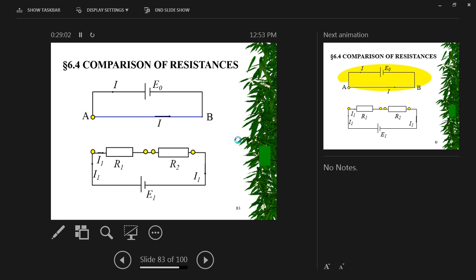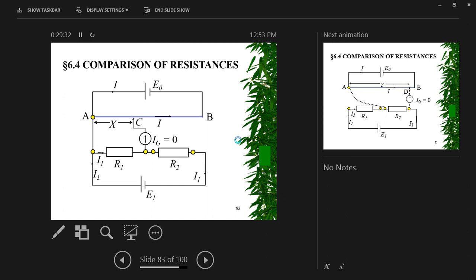Okay, and here's how I will use my potentiometer. This is my main loop. I will take one end of my first resistor, connect it to A. I'll take the midpoint junction between the two resistors and put my jockey in it, and the galvanometer with the jockey, and make it touch the resistance wire. Now, of course, current could flow from the main loop to the branch loop, or from the branch loop to the main loop.